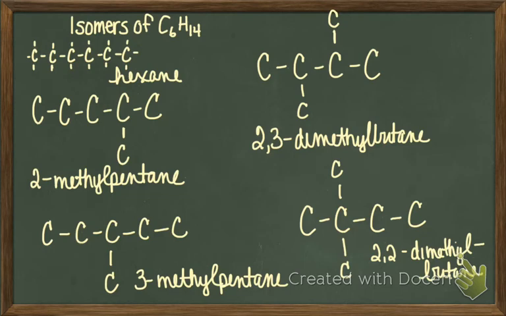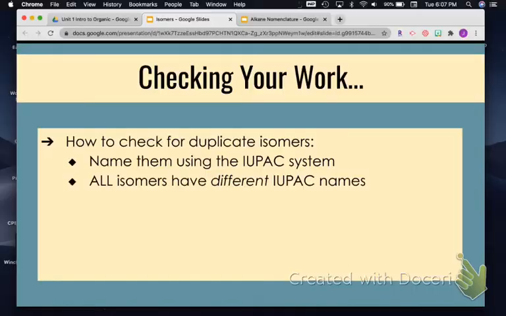And again, isomers have the same molecular formula, but their structures are different. And just a couple hints to check your work. Make sure that you name all of the isomers using the IUPAC system, which you just learned about in class. And all isomers will have different IUPAC names. And that is one way that you can check your work to make sure that you don't have any duplicate isomers.